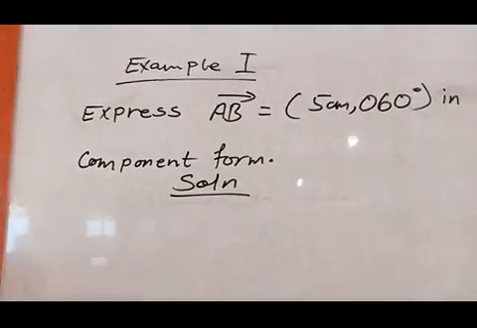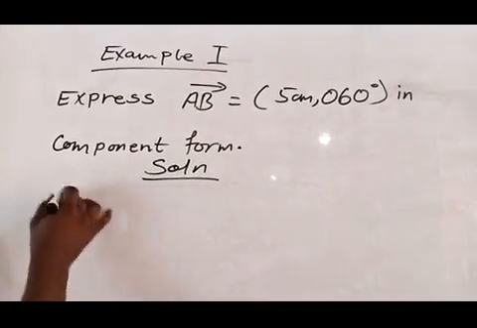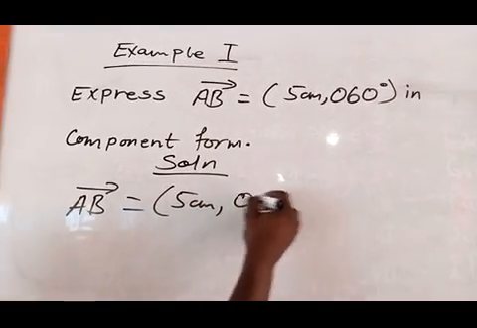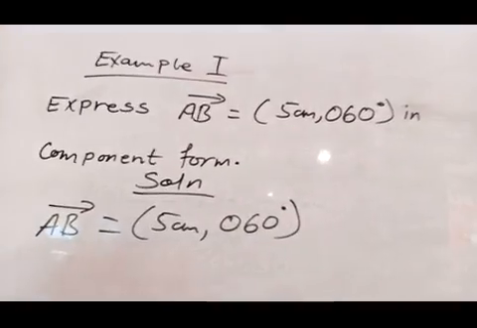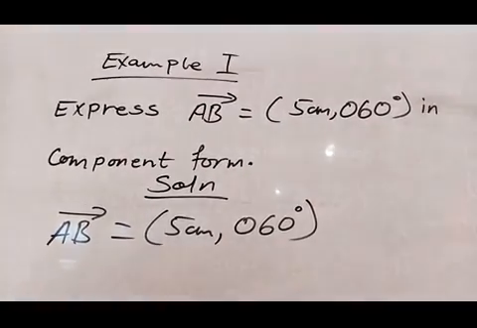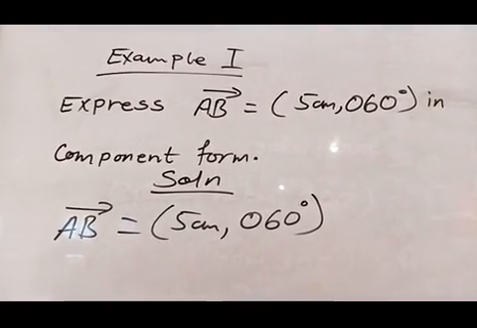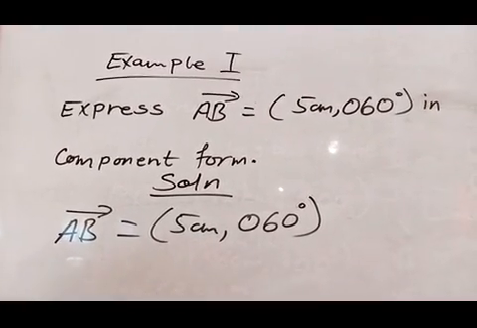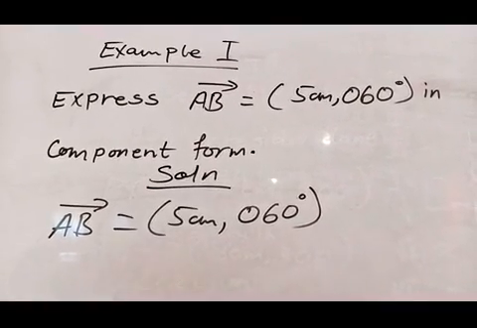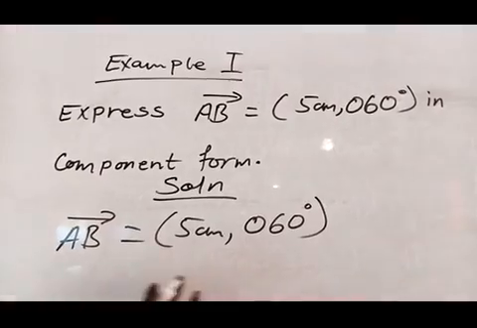Now, in the first place, we know we are dealing with vector AB, which is 5 centimeters and then 60 degrees. Just like we represented this on the Cartesian plane, we are going to apply the same thing to this.